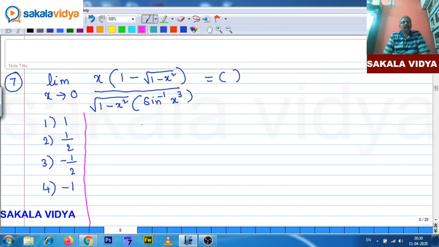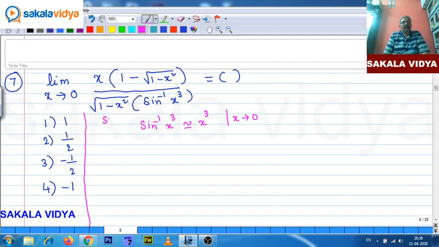Now this sine inverse x cube also, as x approaches to 0, you can write x cube, when x tends to very smaller value.